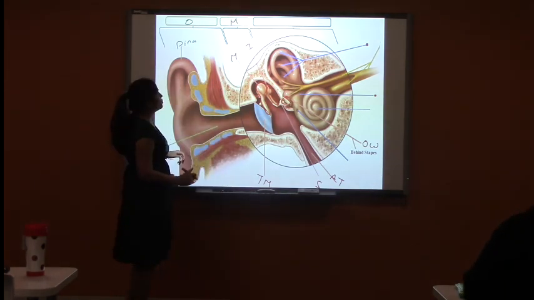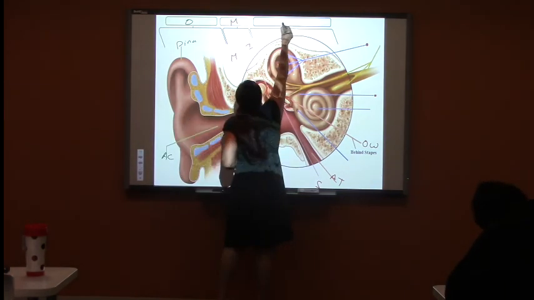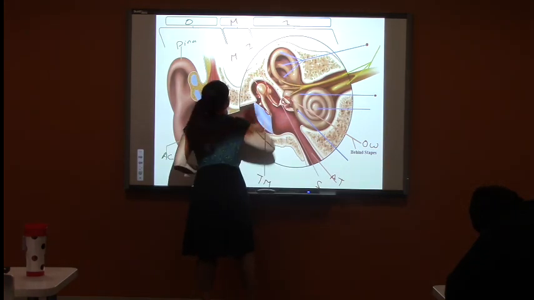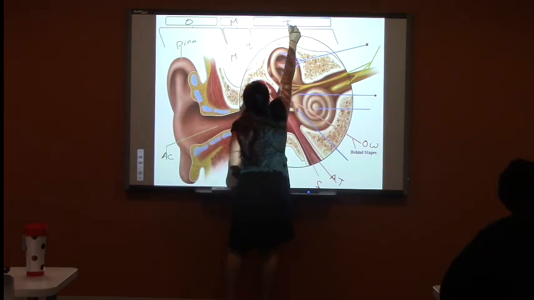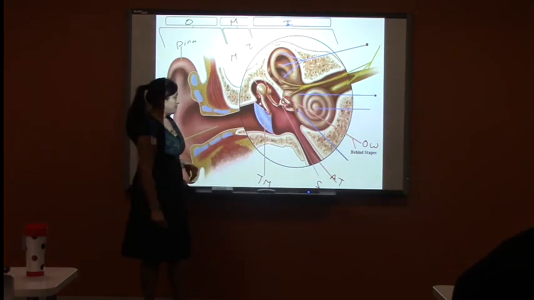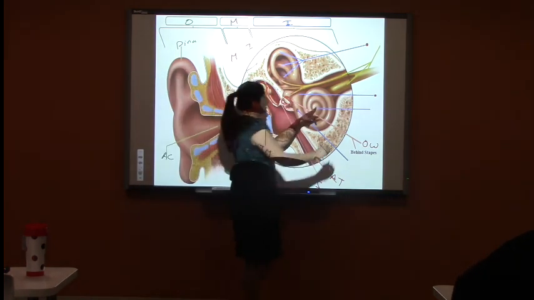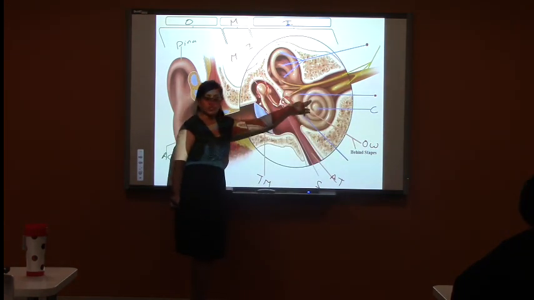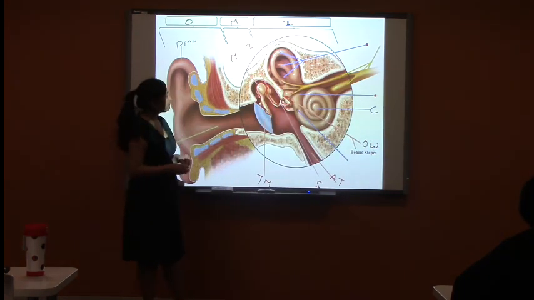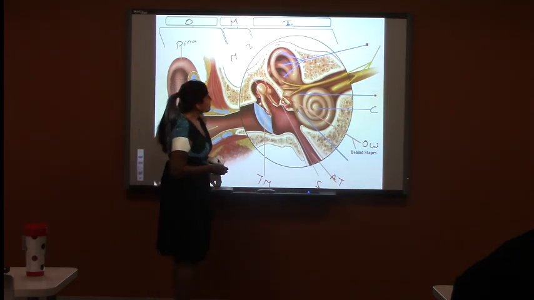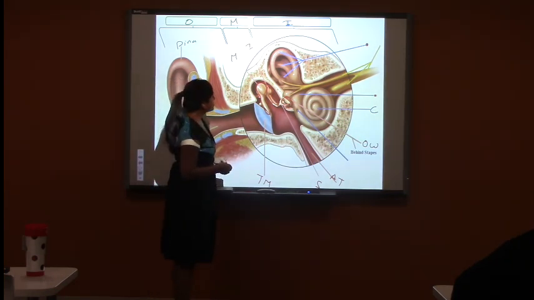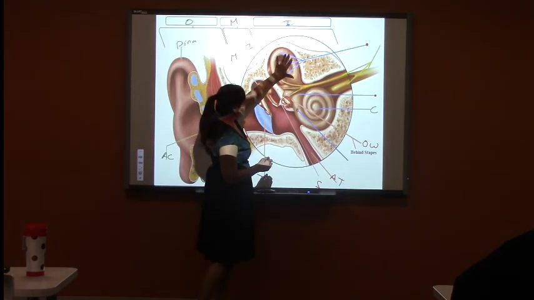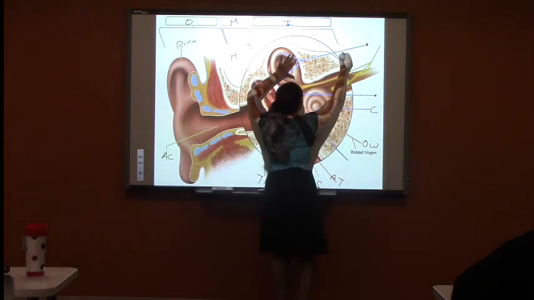And then blue is the inner ear. This is the cochlea. As you can see, it looks like a snail-like structure. This is a semicircular canal.